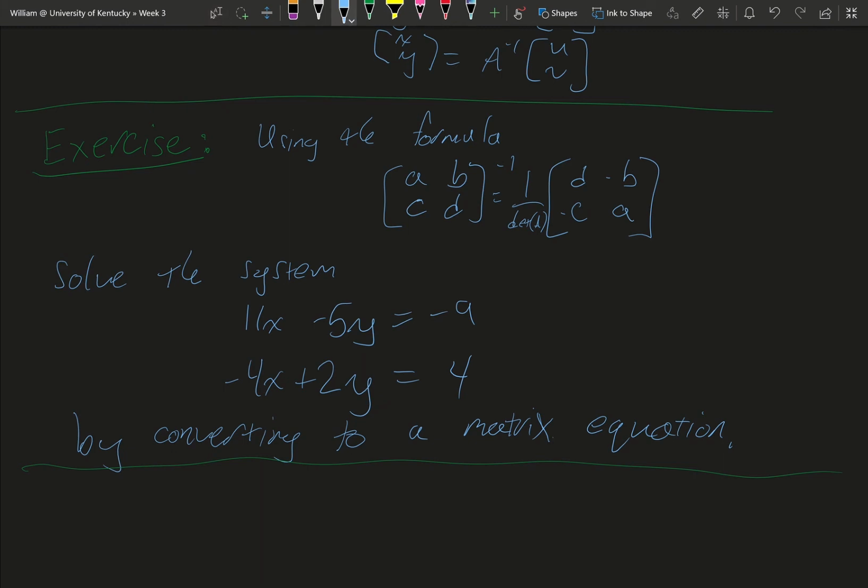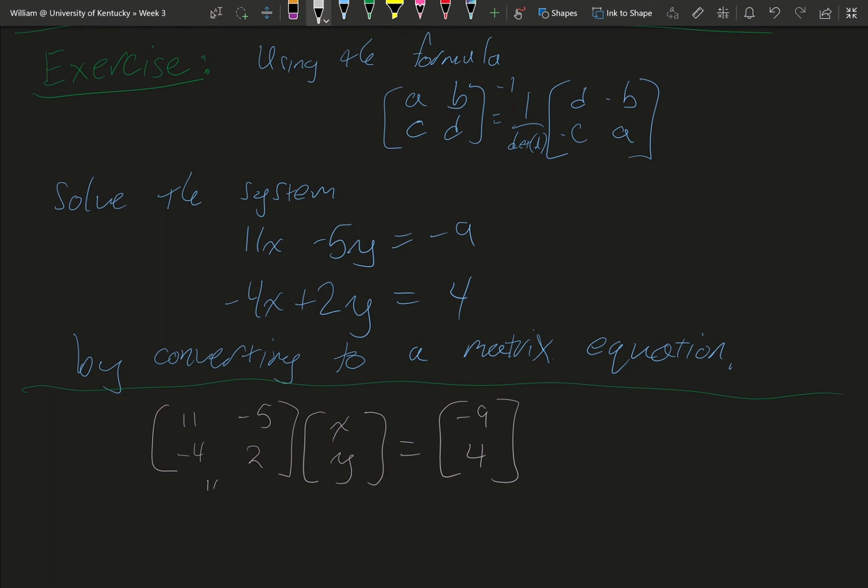And now let's go over the answers. So your matrix equation, you should have gotten 11, -5, -4, 2 times x y equals -9, 4. So we'll call this A, and then we're just going to need to compute A inverse using this formula up here.